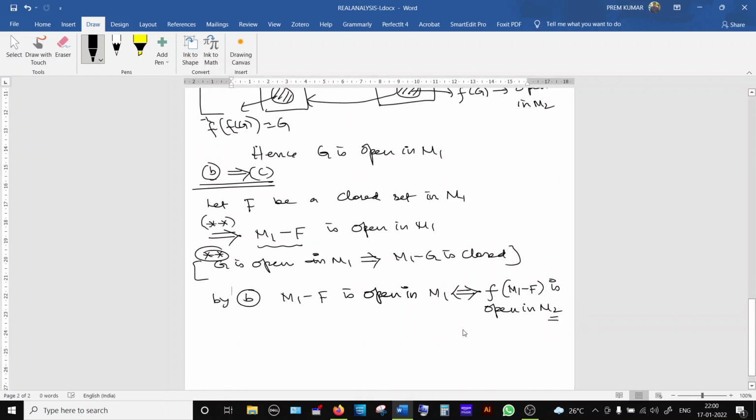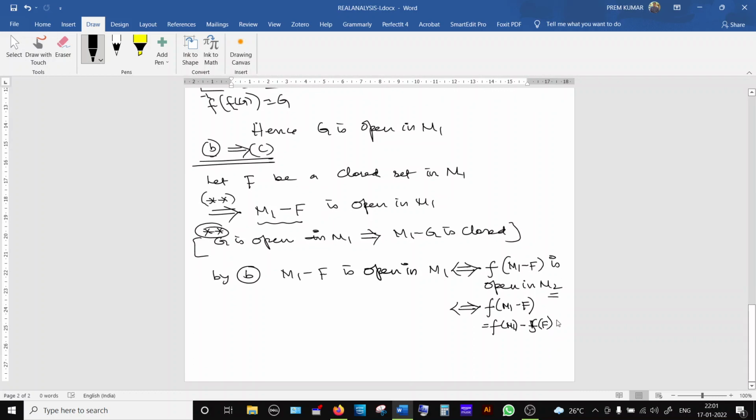So this if and only if statement, f of M1 minus F, can be written as f of M1 minus f of F, because the function is both one-to-one and onto, this is possible.